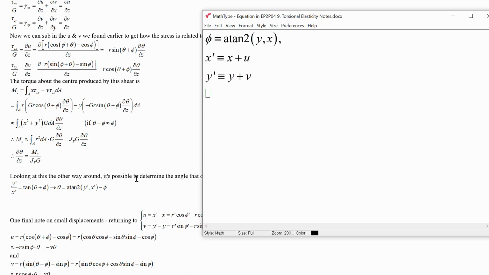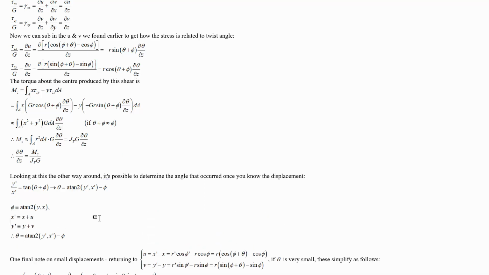All of these things we would know, and therefore figure out what theta is by taking atan2 of y prime, x prime, and subtracting the original phi that we had. So this is going to be our method in FlexPDE.